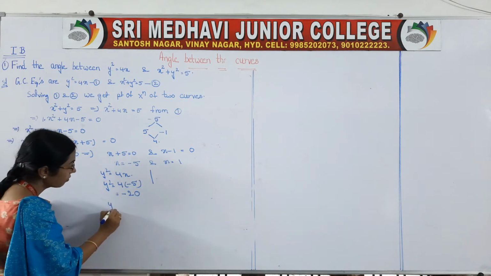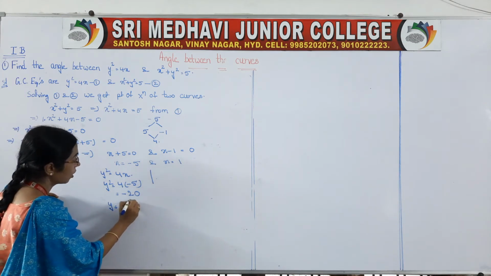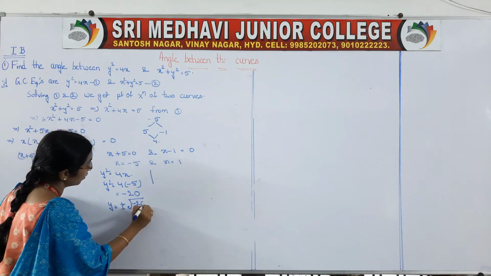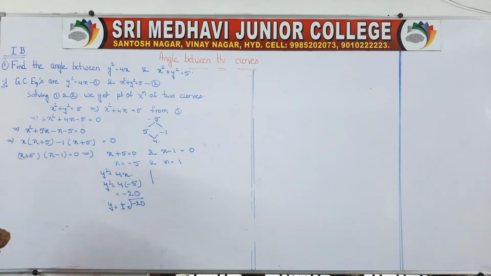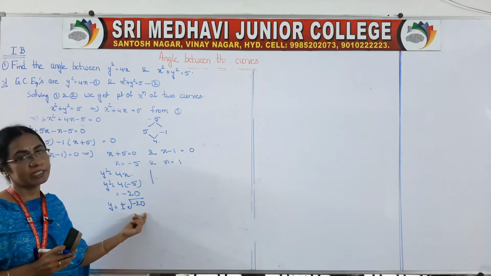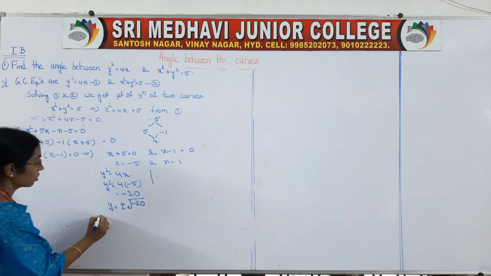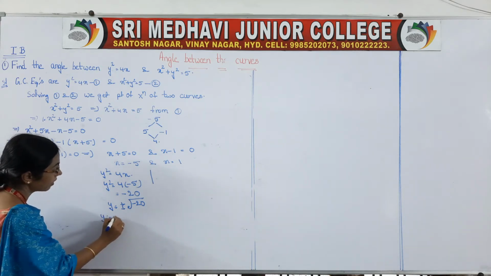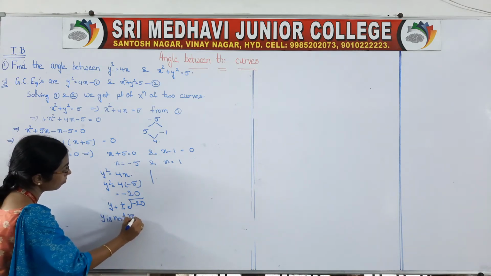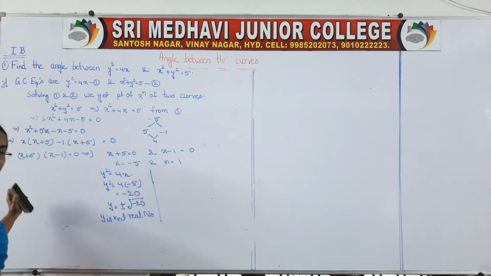So what will be your y value? y is equal to plus or minus root of minus 20. We should not have a negative value inside the square root, isn't it? If it is there, it is not a real number. So y is not a real number, isn't it? So we cannot take that y value.